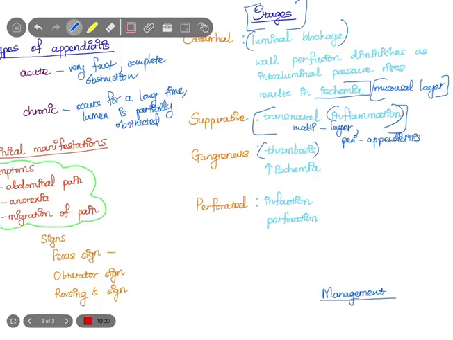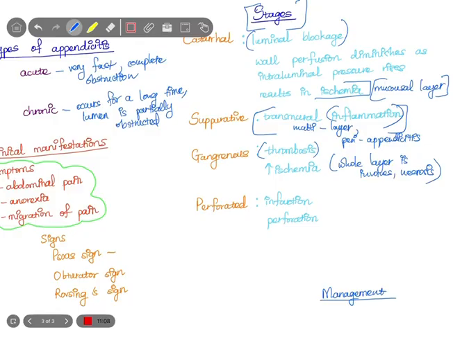Now this venous congestion could also result in the formation of thrombi, and these thrombi could thoroughly obliterate the blood vessel and completely cut off the blood supply to the appendix. Now in this one, the whole layer is involved and necrosis begins.